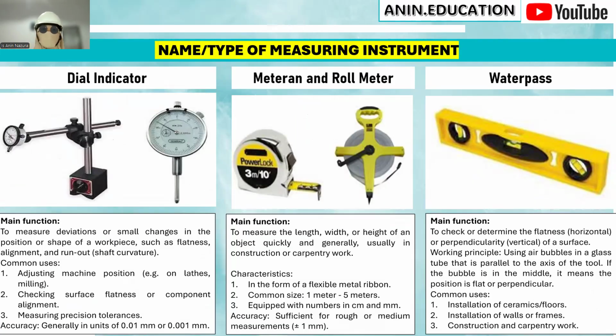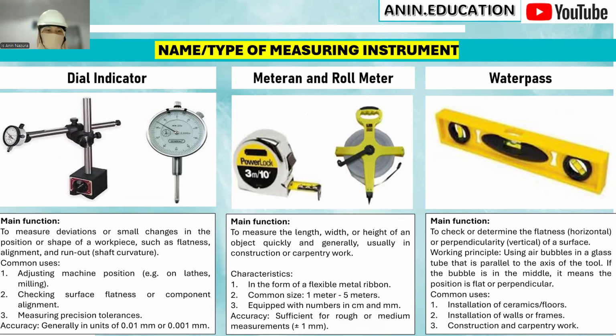Type of measuring instrument: dial indicator, like the figure in my video. Dial indicator main function is to measure deviations or small changes in the position or shape of a workpiece, such as flatness, alignment, runout, and shape curvature.